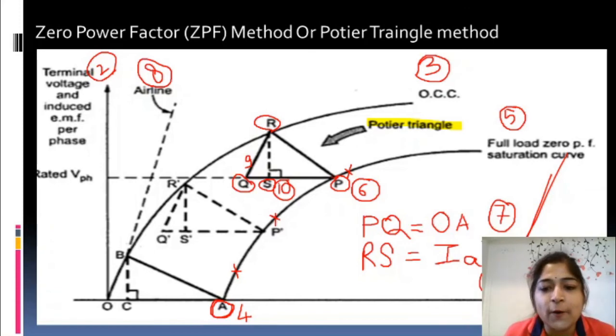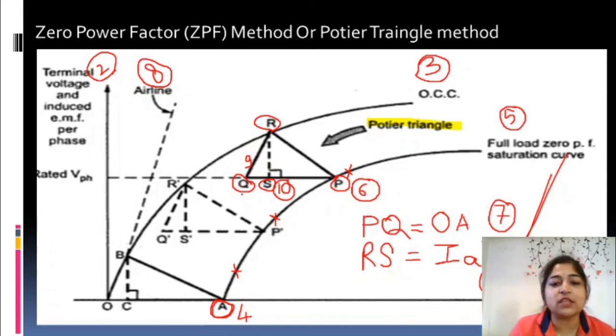Is that clear? Now, a few important points you need to remember: RS is the voltage drop because of leakage reactance, from which you can easily get the value of leakage reactance. Second point, what is length QS?